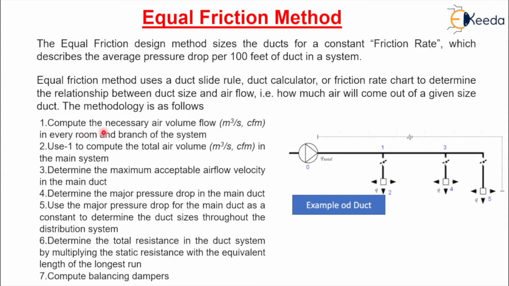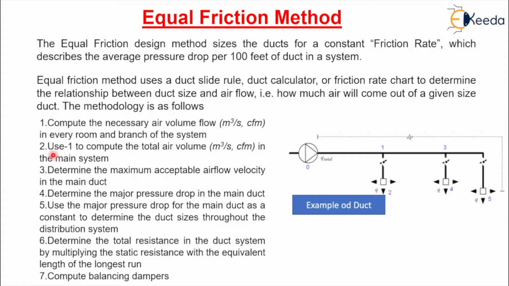First, compute the necessary air volume flow rate in each room and branch of the system. Like this, there is a system. Suppose this is one room, this is a second room, and this is a third room. In the first room, the air volume flow rate is x1 cubic meters per second, or x1 CFM. In this one, it is x2 CFM, and in this room, suppose it is x3 CFM.